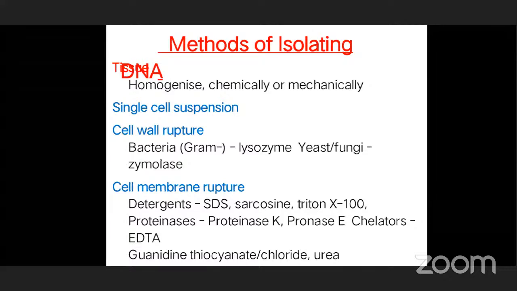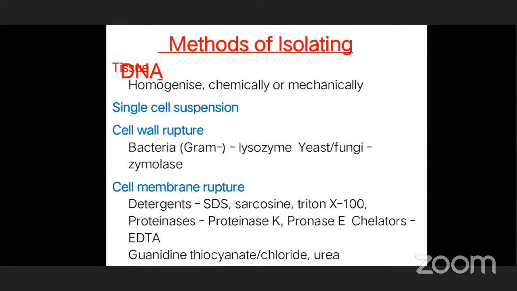For bacteria, lysozyme enzyme is used, and for yeast and fungi, zymolase enzyme is used. After this rupture and centrifugation, the bacteria and yeast fungi will be floated, and after removal of the supernatant, they will be removed. This is called rupture of the cell wall of the bacteria, yeast or fungi.